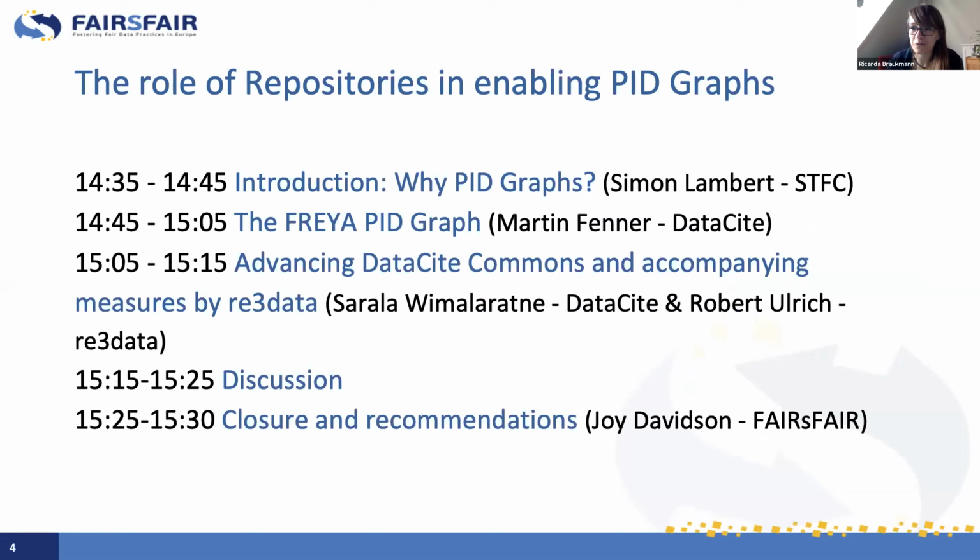Then we'll have some time for discussion and questions. At the end, we'll also hear from my colleague Joy Davison from FAIRsFAIR about the recommendations that we have for you, and also about the upcoming events and things we have for you in FAIRsFAIR. Now I would like to give the floor to our first speaker, Simon Lambert.